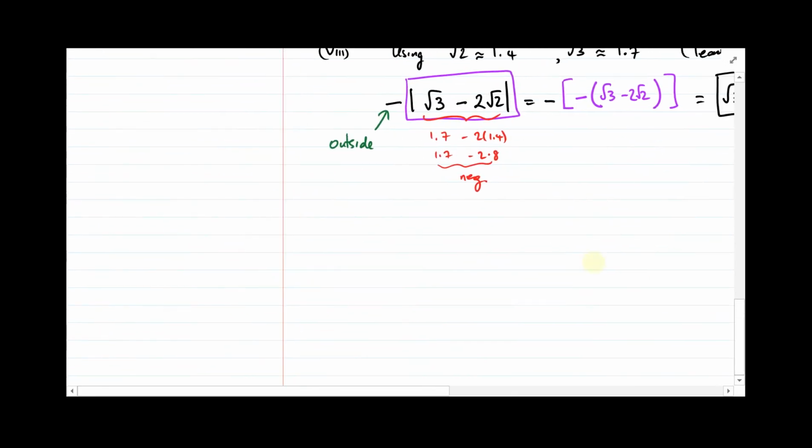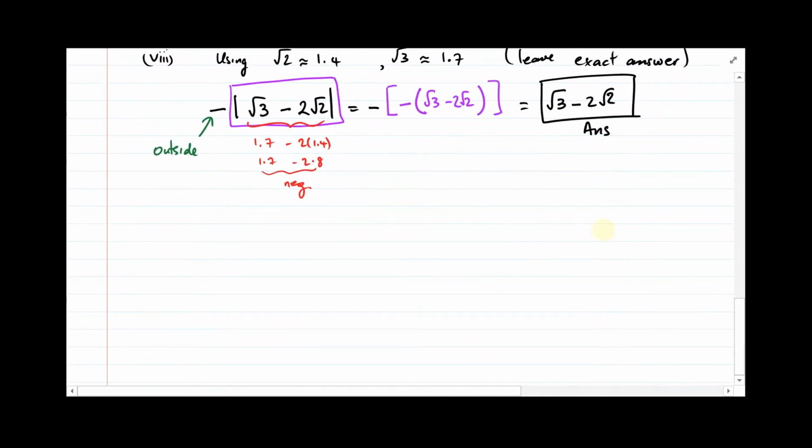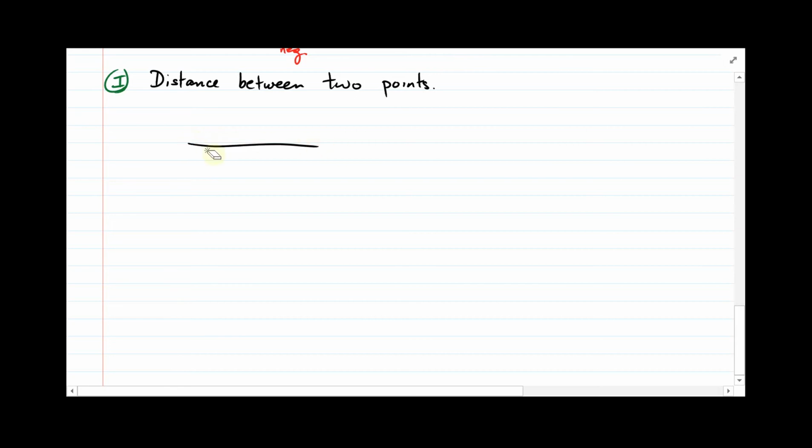So what is the purpose of this absolute value? Let's look at one of the things that we can do with it. The first thing that we can do is find the distance between 2 points, say on a number line.